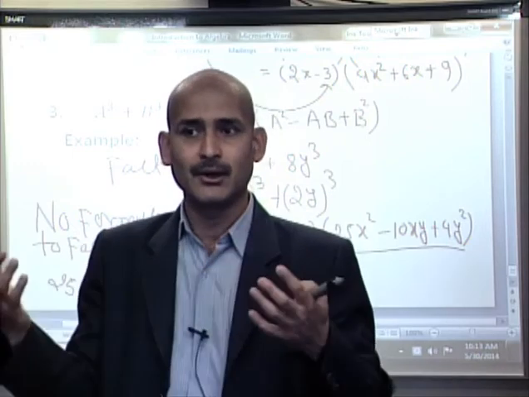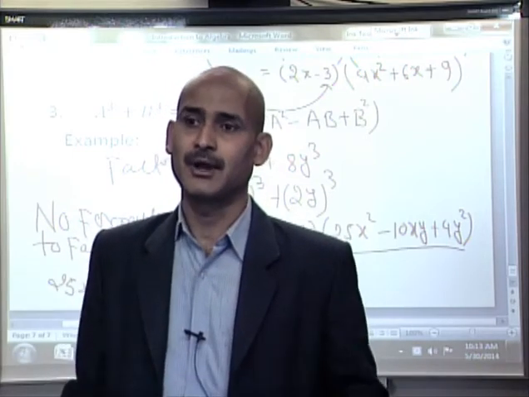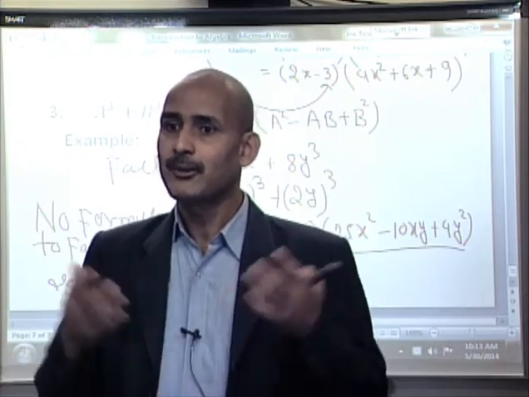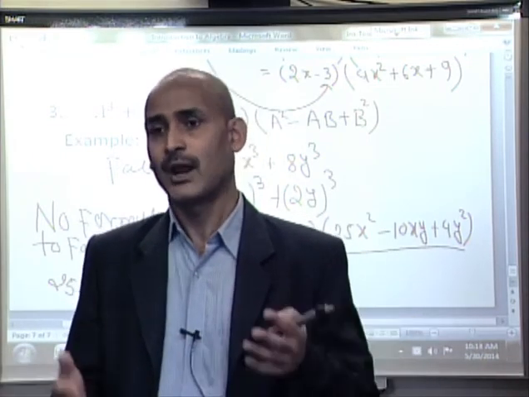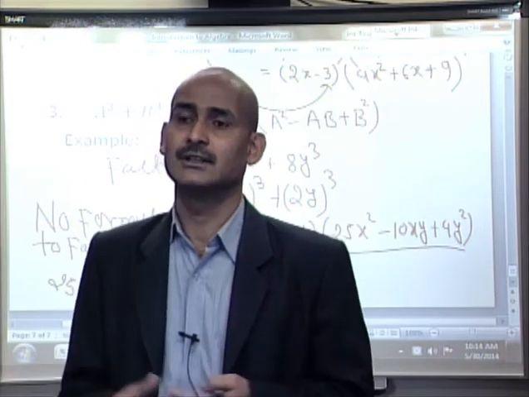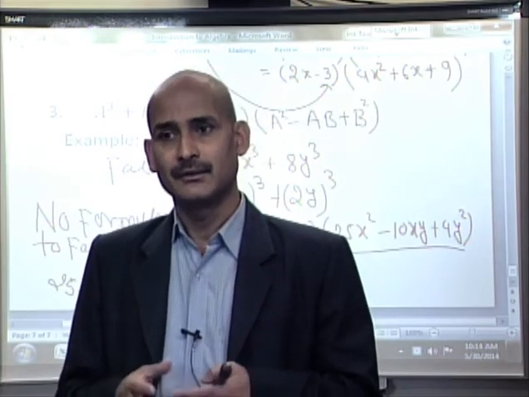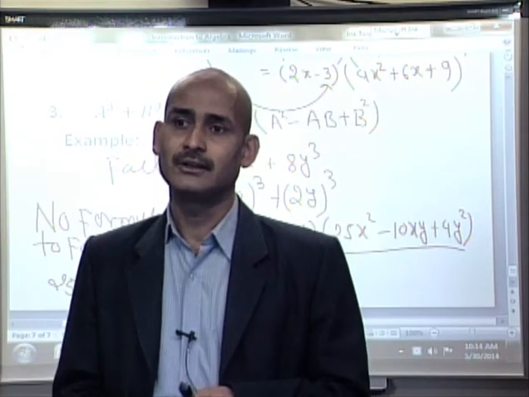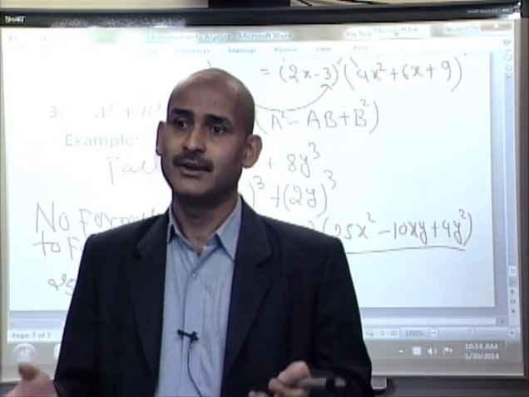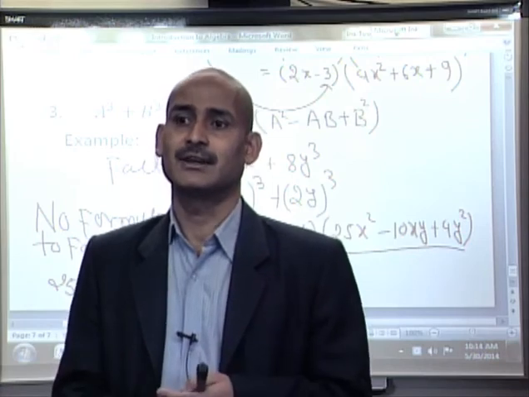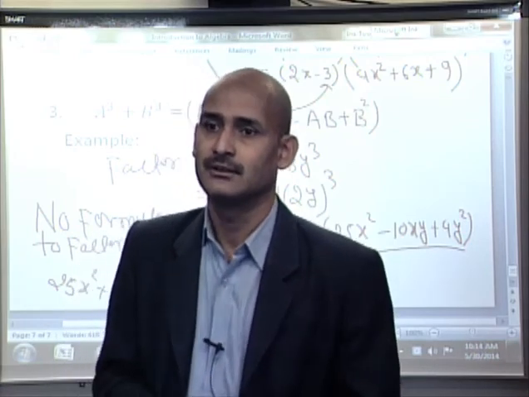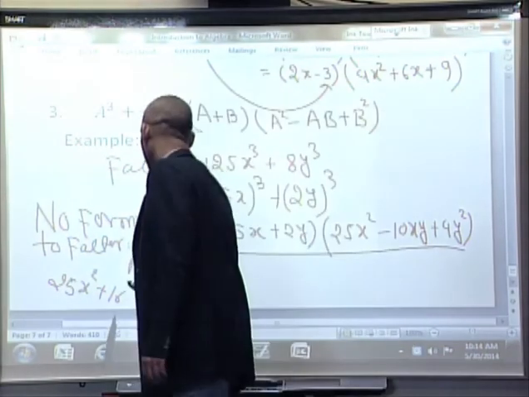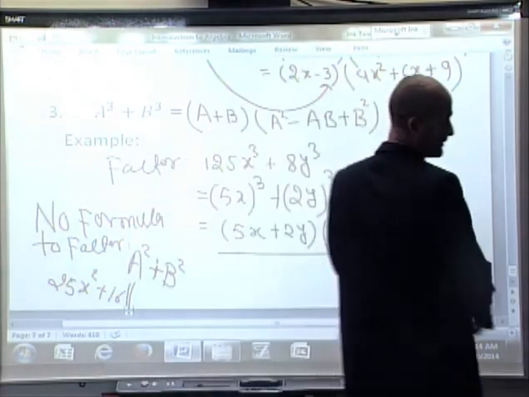Similar to numbers, if there is a number which we cannot factor, we call it a prime number. 5 is a prime number, 7 is a prime number, 11 is a prime number. However, 16 can be factored, 4 times 4 is 16, so 16 is a composite number. Similarly, if there is an algebraic expression which can be factored, we can call it a composite algebraic expression, and if there is one which cannot be factored, we call it a prime algebraic expression. So this is a prime algebraic expression.